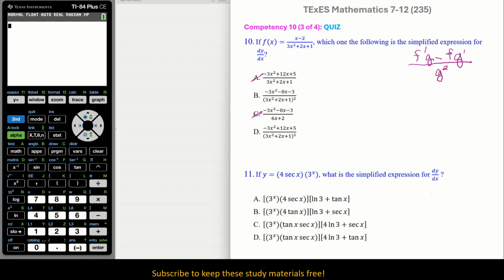So what do we really have? We are looking for y prime, and in this case, let's say that f of x equals y. The first thing that we need is 3x squared plus 2x plus 1, and that will all be to the second power.